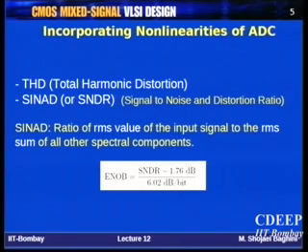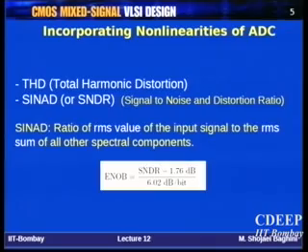There are different kinds of non-idealities. Here we look at non-linearities. The first criterion for non-linearity is very famous, and all of you are familiar with it. That is total harmonic distortion. If you have a system and you apply a single frequency to that system, because the system is not linear, it will create harmonics of that frequency.